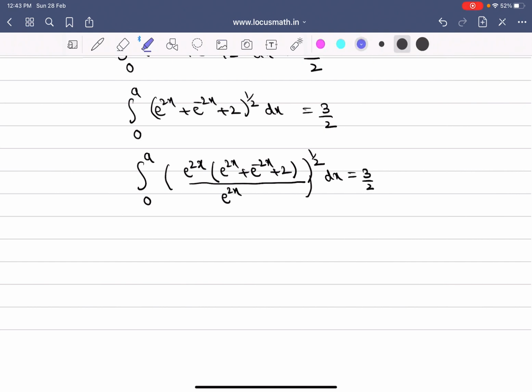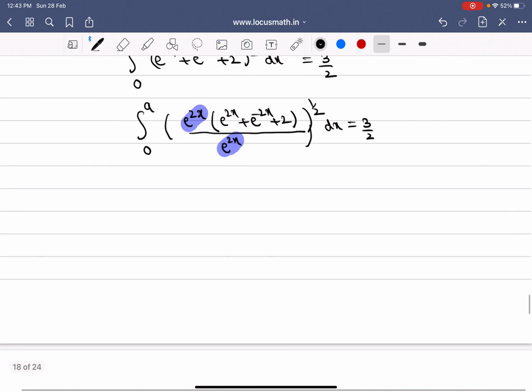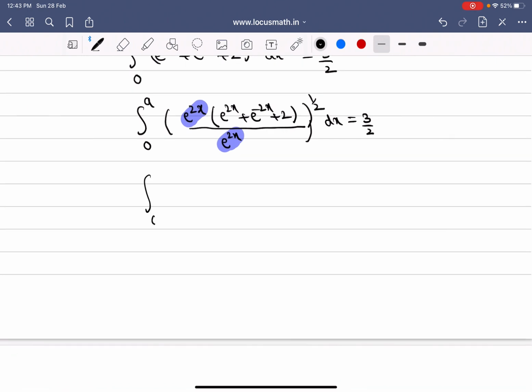So we multiplied and divided by e^(2x) inside the square root. Now if you take out e^(2x) inside the bracket, this becomes e^(4x) plus e^(2x) times e^(-2x) is 1, plus 2 times e^(2x), over e^(2x), power 1 by 2 dx is equal to 3 by 2.